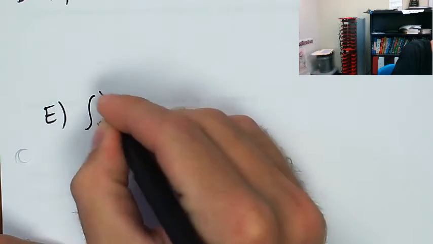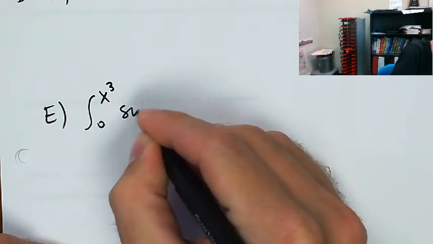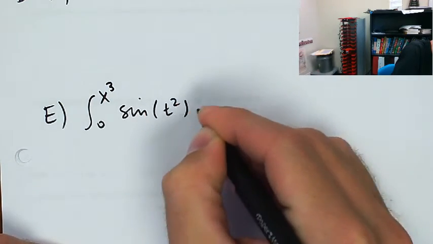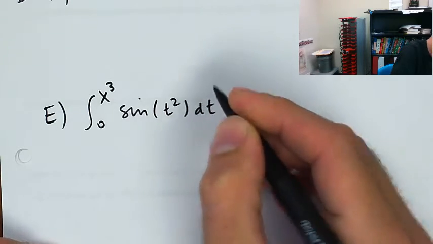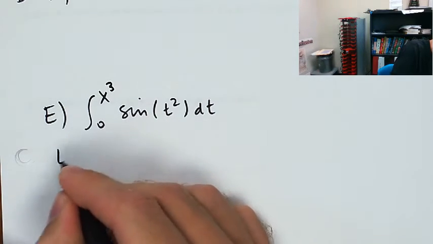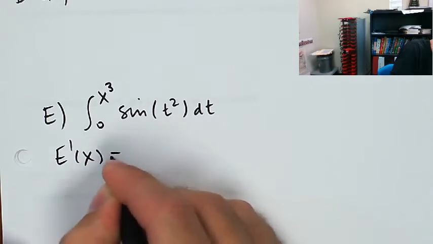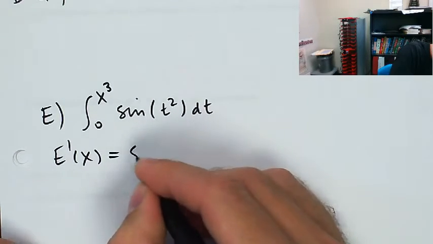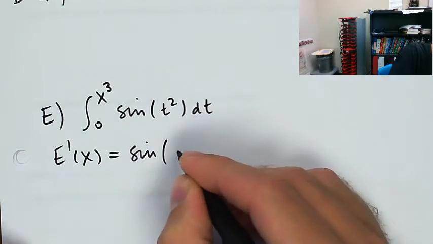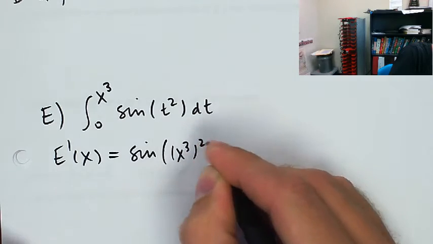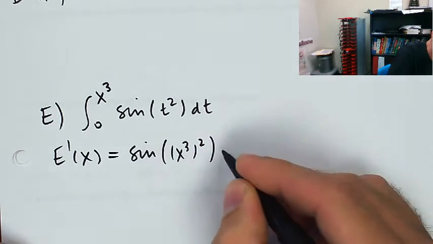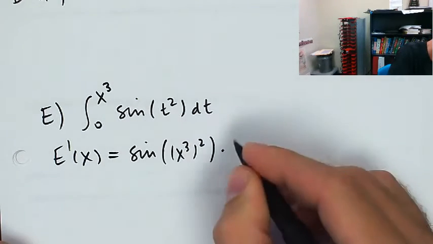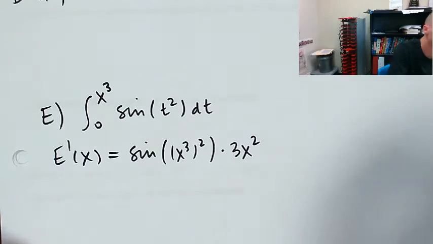E is the integral from 0 to x to the 3 of sine of t squared dt. And then e prime of x is going to be, I'm going to take that x to the 3 and put it in wherever I see t. So it's going to be sine of x to the 3 squared multiplied by the derivative of x to the 3, which is 3x squared.